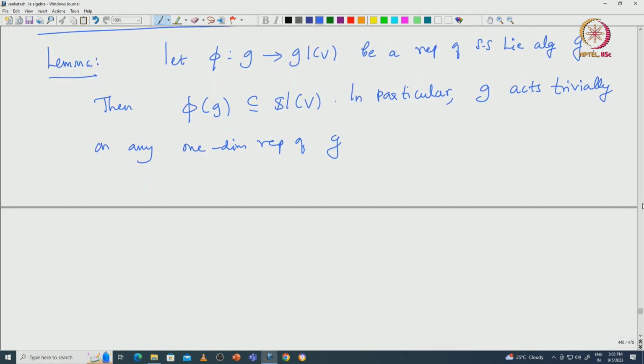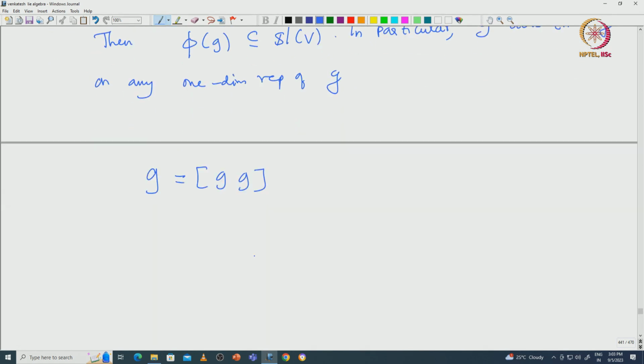Because G is semisimple, G is equal to the derived algebra [G, G]. So, in particular pi of G must be equal to the bracket [pi of G, pi of G]. This should live inside SL of V, because the commutator of two maps is traceless.